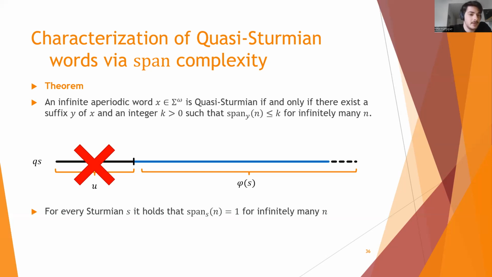And in fact, recall that for every Sturmian s, it holds that the span is equal to 1 for infinitely many n.